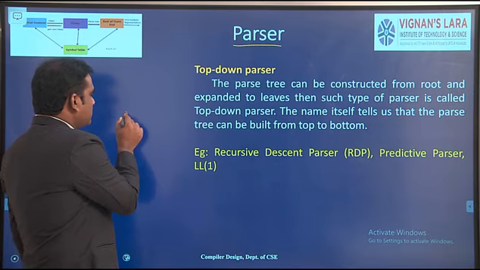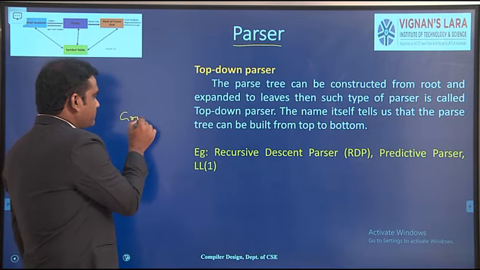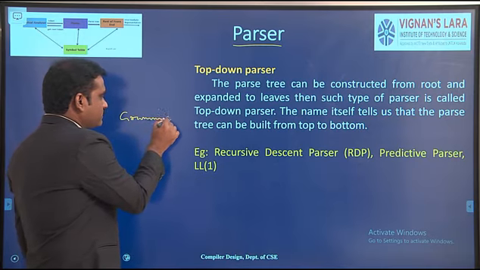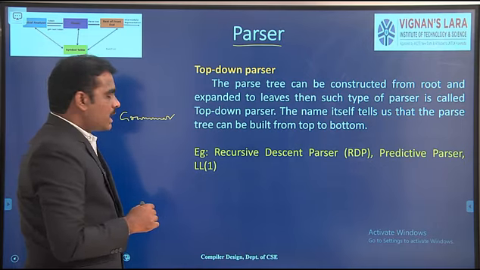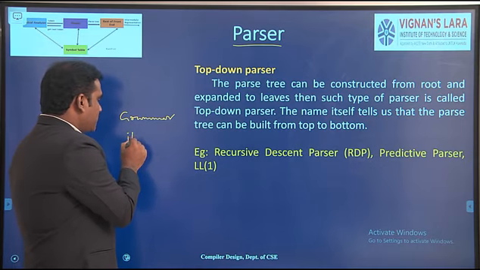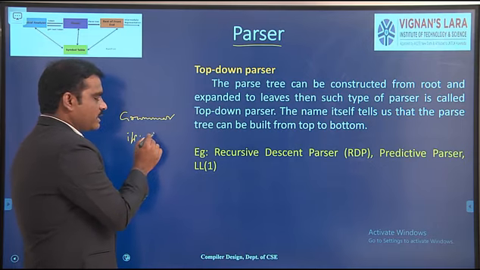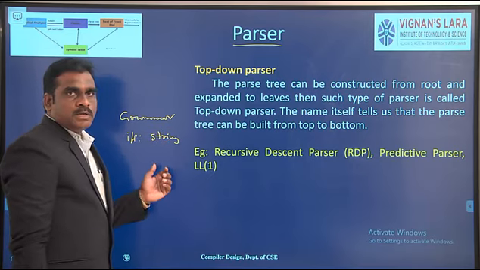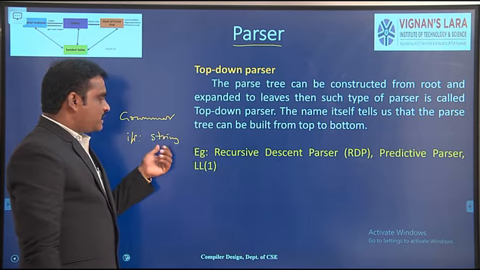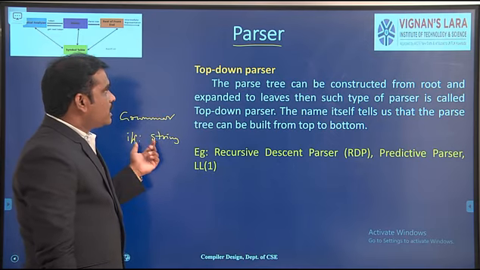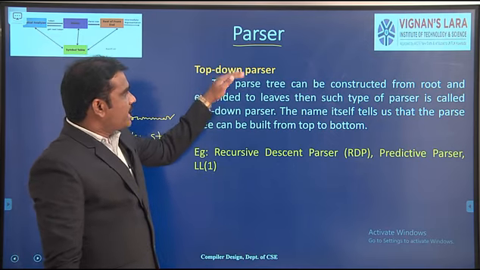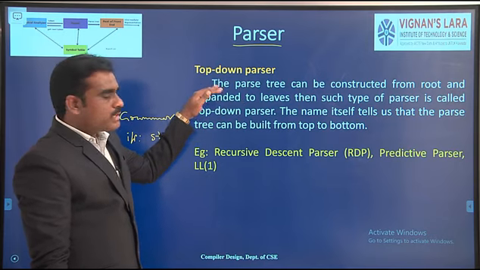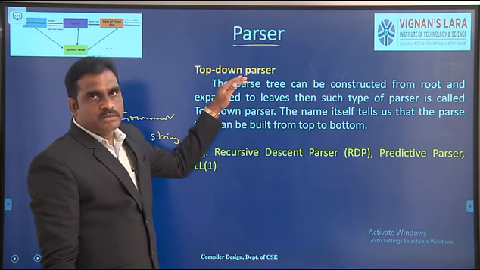We have some grammar, and we have to derive some input stream. We have to derive this input stream by using this grammar. There are two types: one is top-down parser and another one is bottom-up parser.